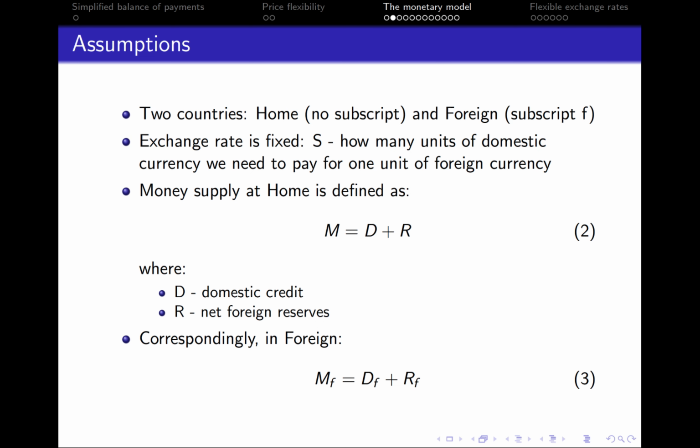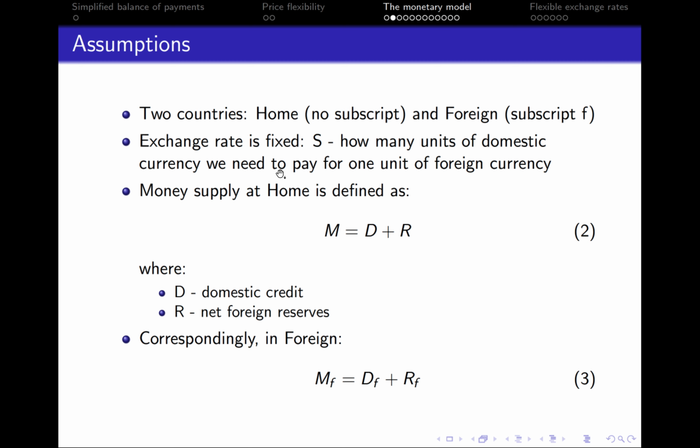Okay, so let's move on to the assumptions of the model. We will have two countries. The first we're going to call home, and all the variables with no subscript are the variables for home, and foreign as our second country. All the foreign variables are variables with subscript f.